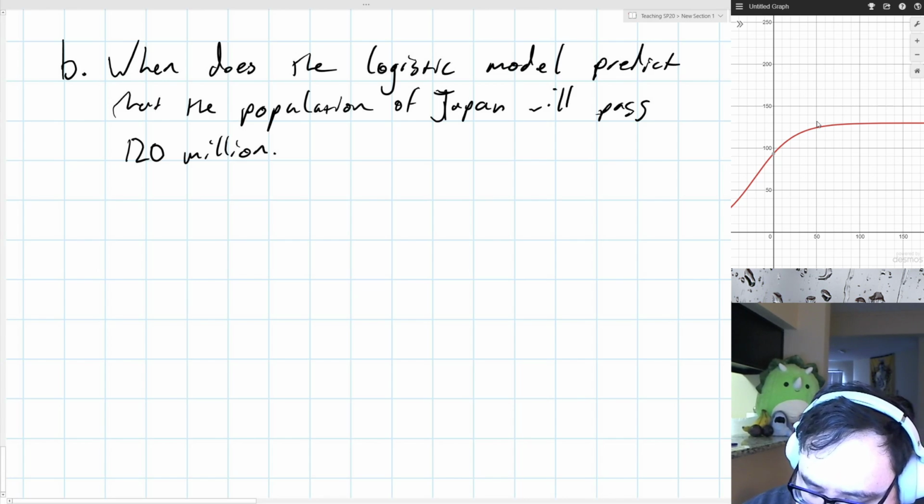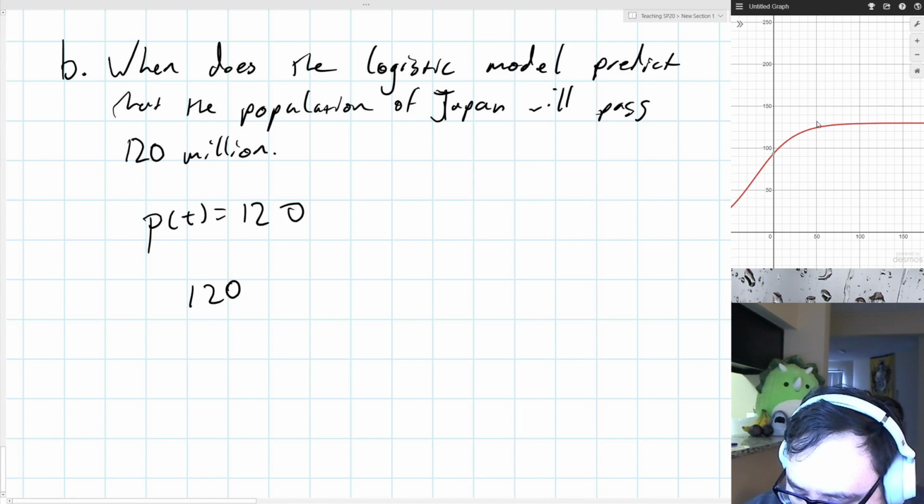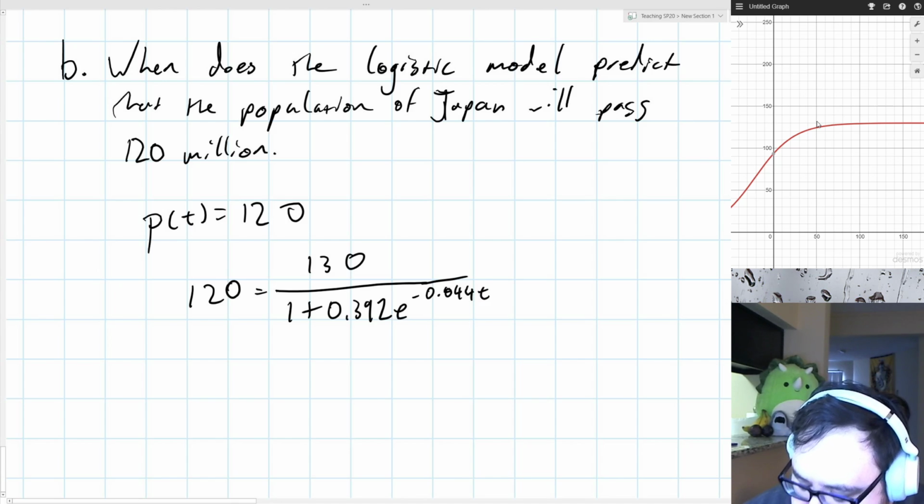So basically this is saying P of t is equal to 120, or 120 is equal to 130 divided by 1 plus 0.392 e to the negative 0.044 t. Okay.